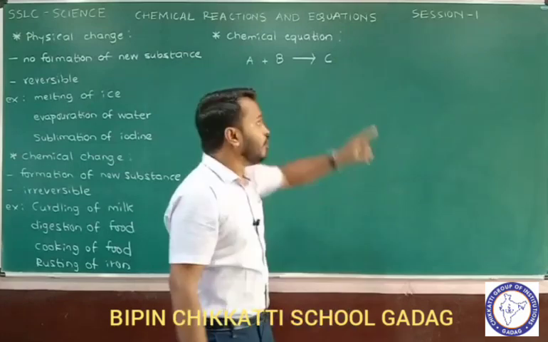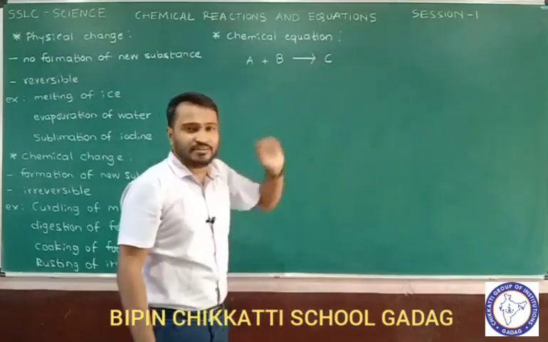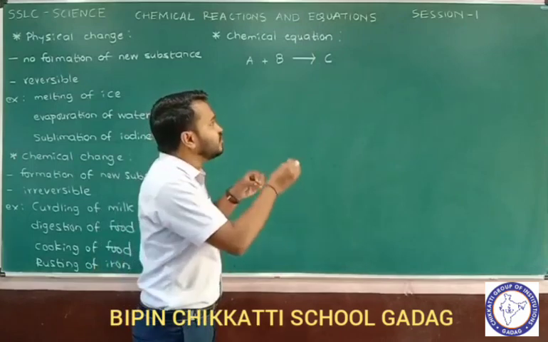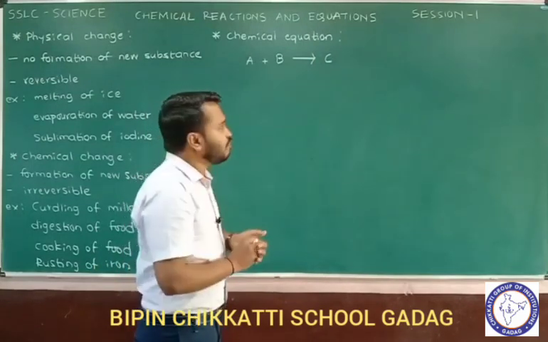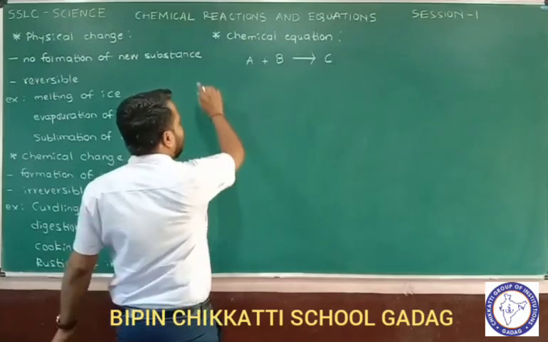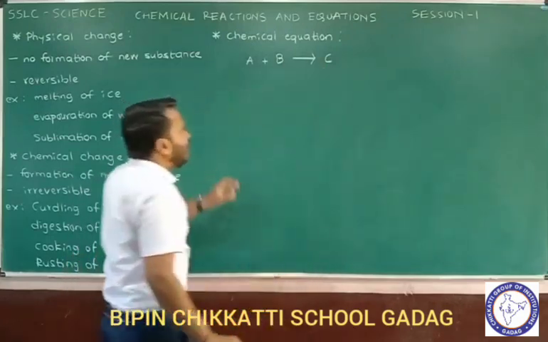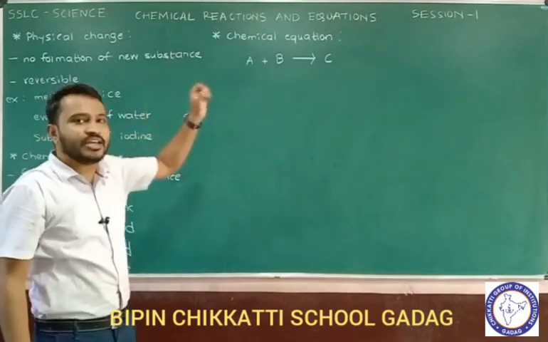C is a new substance formed, and in some cases this reaction cannot be reversed. Let us assume some particular example. If we write any chemical change in this form, we call it the chemical equation.